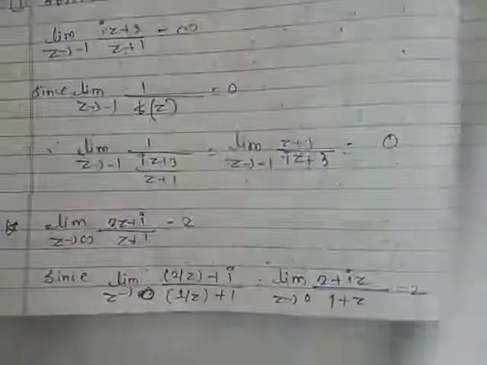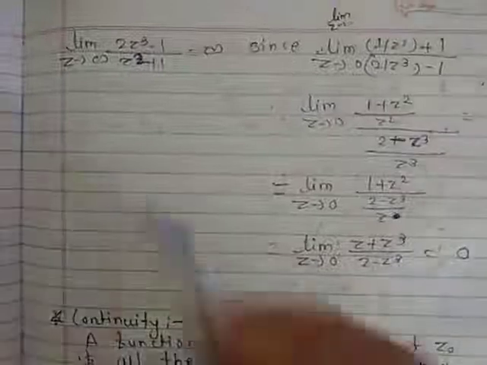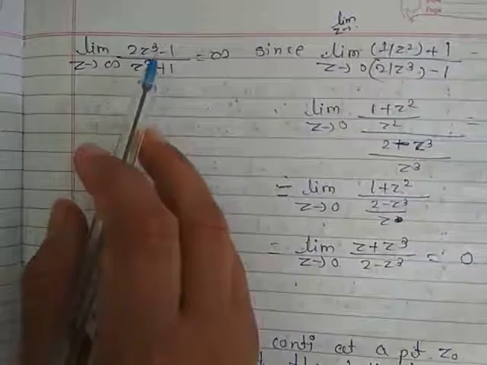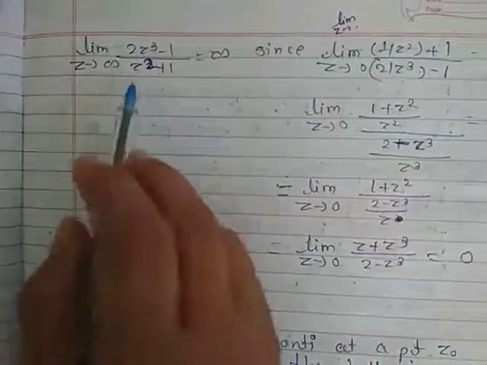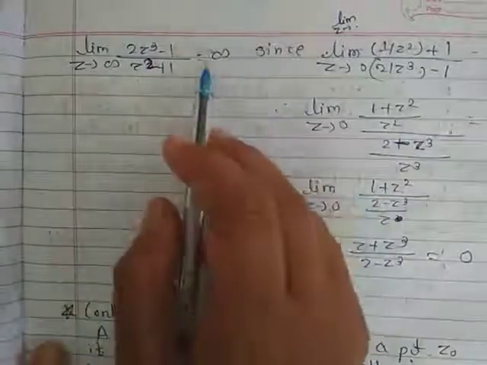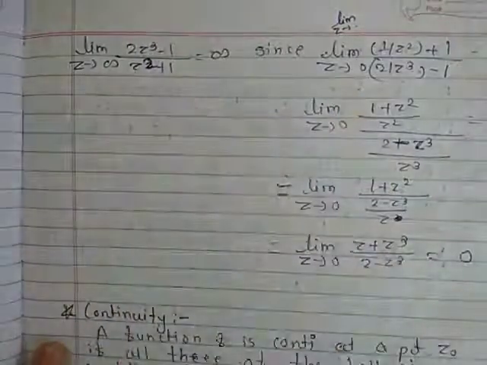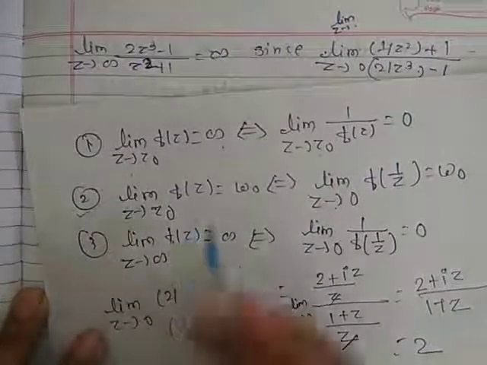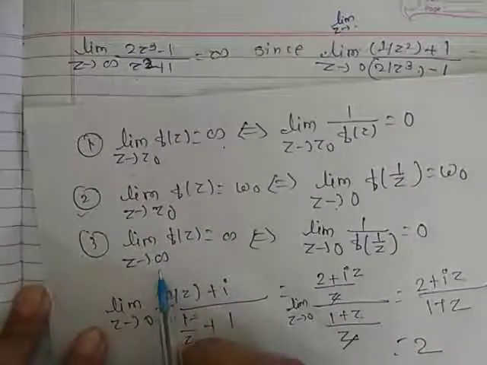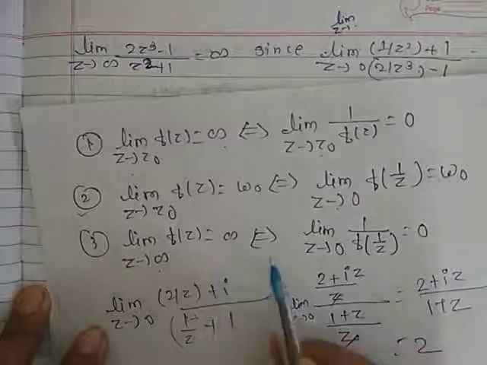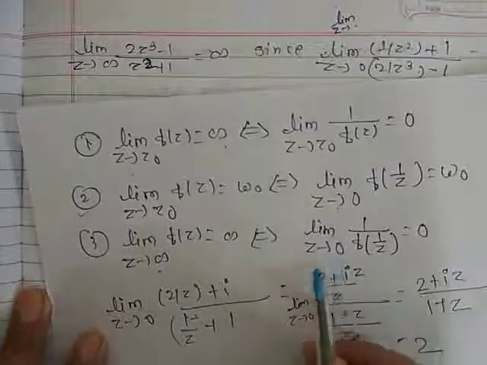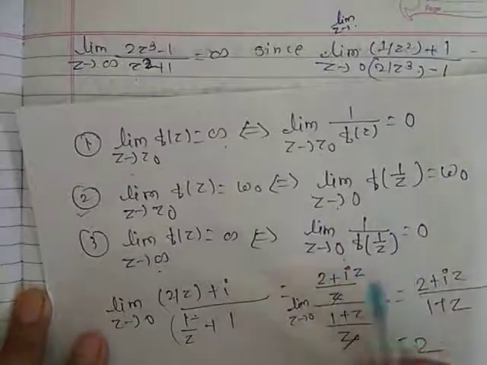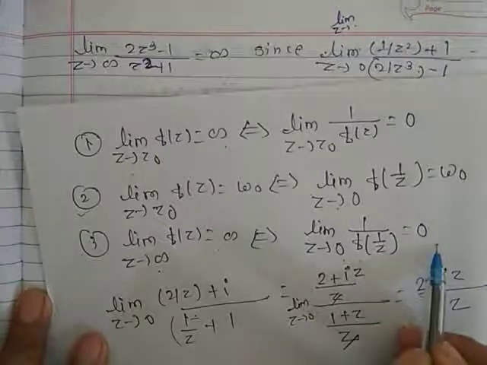Okay. And let us see the next example. Limit z tends to infinity of (2z cube minus 1) upon (z square plus 1) is equal to infinity. We will solve this problem by using the third part of the theorem: limit z tends to infinity of f(z) is equal to infinity if and only if limit z tends to 0 of 1 upon f(1 by z) is equal to 0.